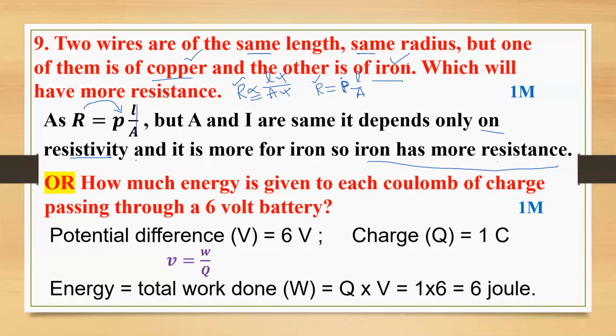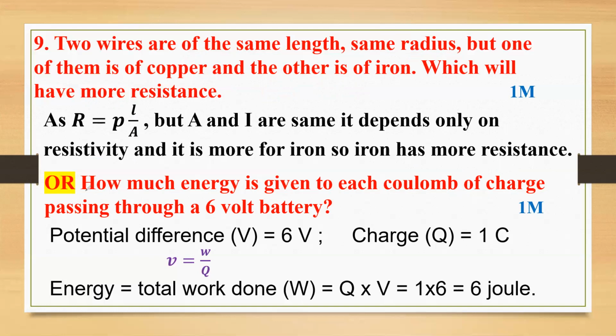Obviously iron, because we use copper everywhere in electric wires to flow current properly. That is also the basic idea to remember. Copper is used everywhere in current wires, so it has much better conductance compared to iron. Now we will move to another question. In this manner you have to think if this type of question comes.